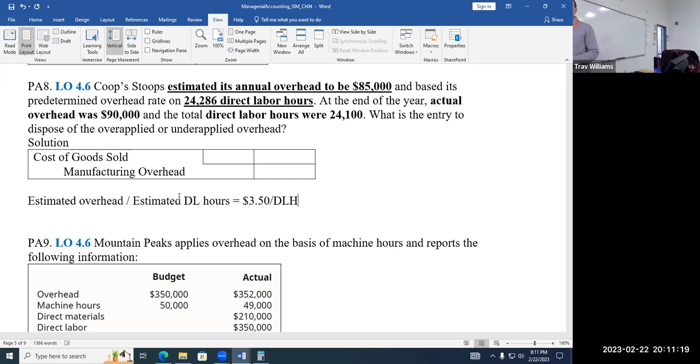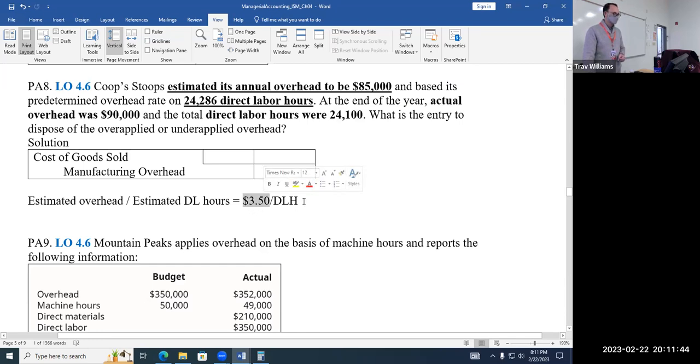Then throughout the year, we would multiply that by the direct labor hours that have happened for every job. But now that we're doing it after the fact, to get the total, we could take the actual direct labor hours that happened throughout the year, multiply it by our rate, and that will give us our applied overhead.